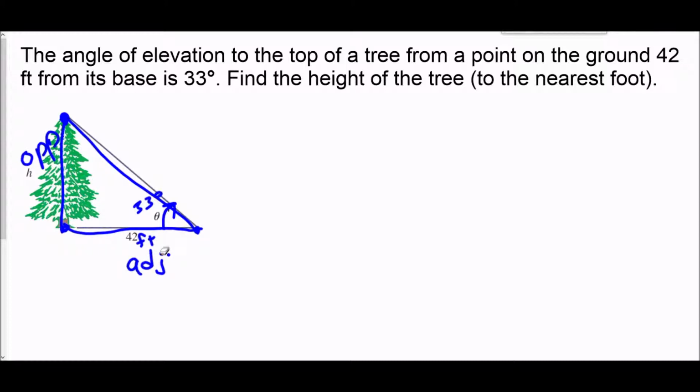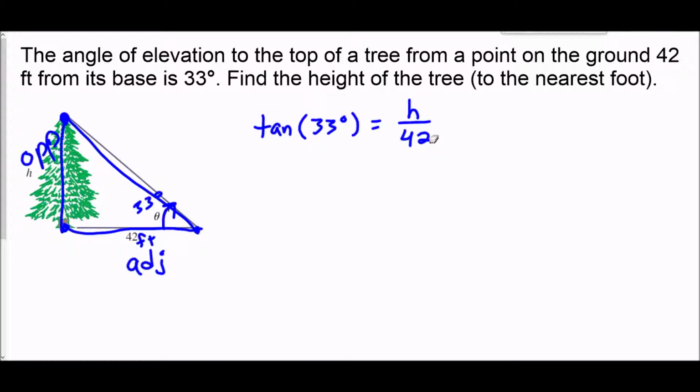So we have our adjacent, we have an opposite. When you have adjacent and opposite together, that's the trig ratio for tan. So we can say that the tan of our angle is the opposite side over the adjacent, which is 42. This problem is a little bit different from the previous ones.